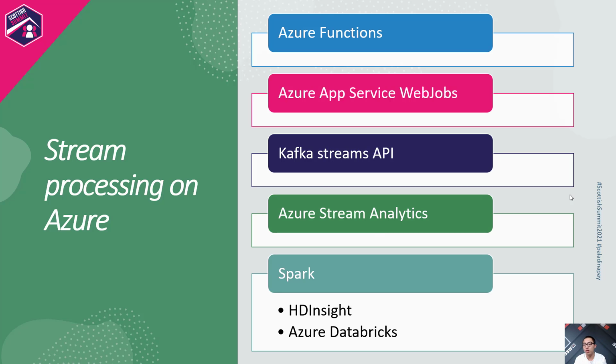And at last, as a comparison to Azure Stream Analytics, there's what I would describe as a more fully featured engine, Spark. Spark is another Apache open source project. Azure's offerings for Spark sit with HDInsight as well as Azure Databricks.